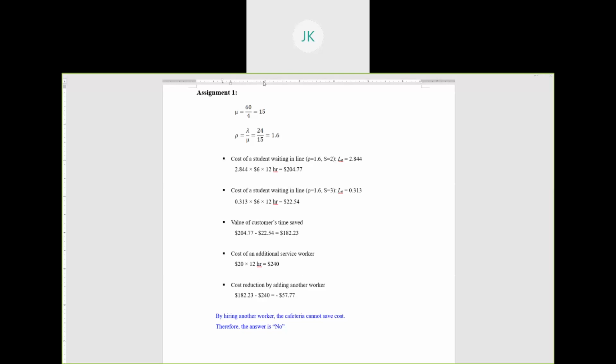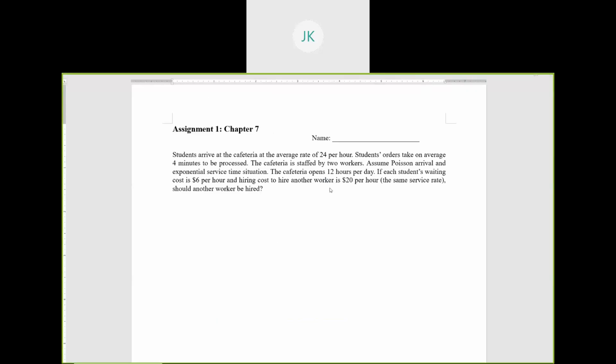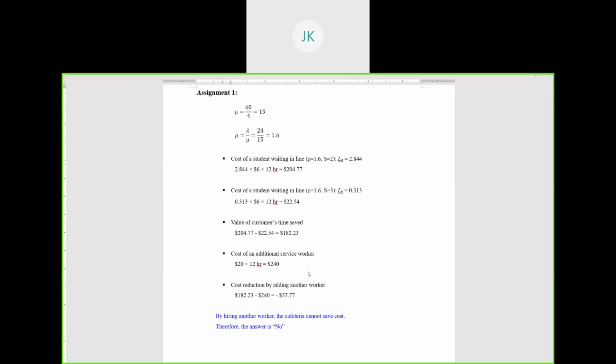Go back to the question again. To hire one more worker, pay $20 per hour, and open 12 hours. So hiring cost will be $20 per hour times 12 hours equals $240.